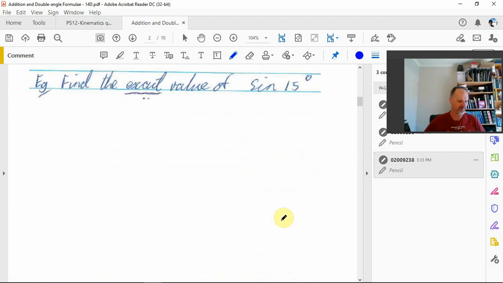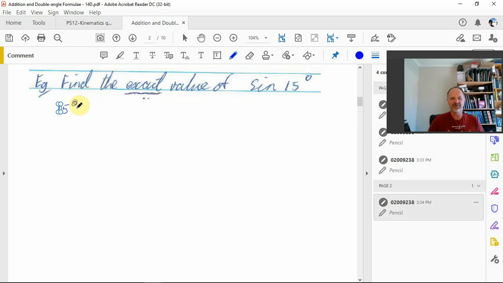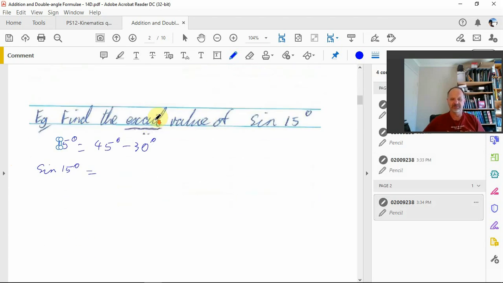So what we need to do is express 15. And 15 degrees would be 45 minus 30. Okay, so 45 minus 30 would give us 15. So then we can say that the sine of 15 degrees is the sine of 45 minus 30.